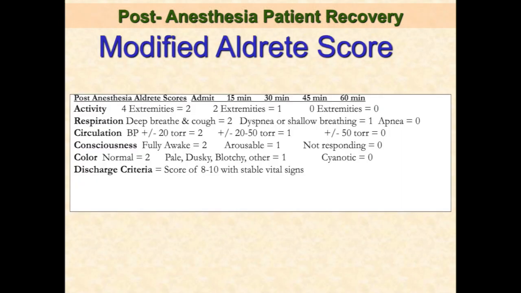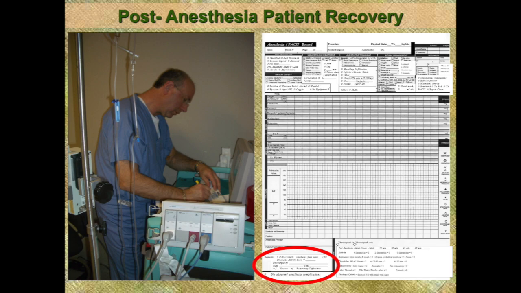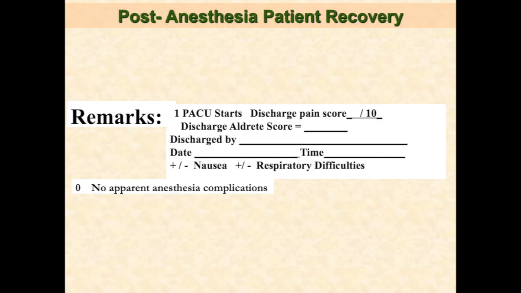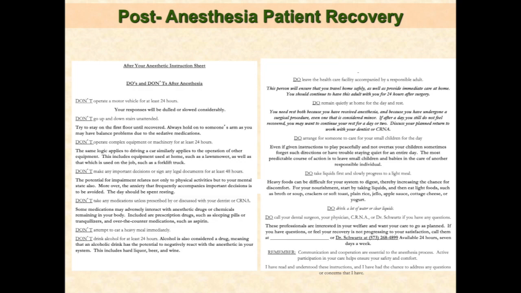So we use something called the modified Aldrete score, and we go through and look at the patient's activity, respiration, circulation, consciousness, color, and discharge criteria has to be at least 8 to 10 before we can then safely send them out of the office. And then don't forget to write your post-op note. And then I send them home with another do's and don'ts, so post-op patient list of what they should do and not do for recovery after they've had their anesthesia and their procedure.